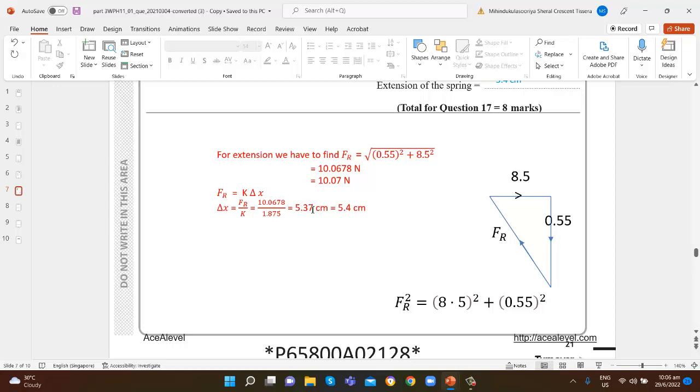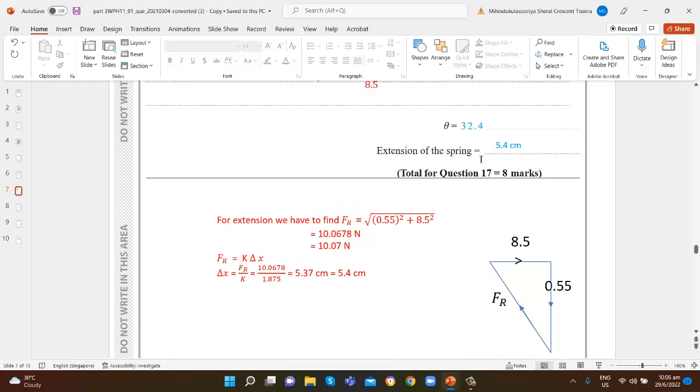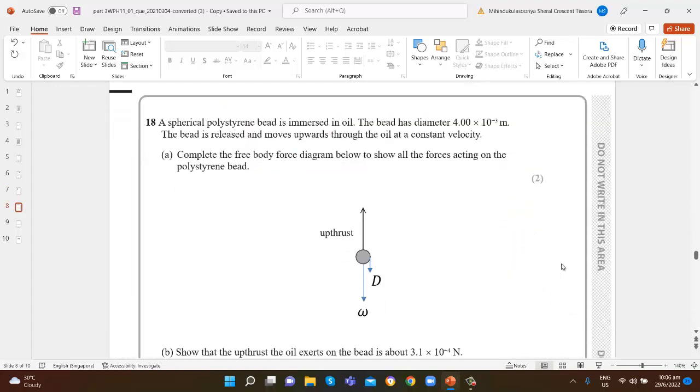Extension is going to be 5.37. You give it to two significant figures and it is 5.4 centimeter, delta x. So that is how you got it. But in this vector diagram, your resultant force should be this way, right? You have to make it correct.